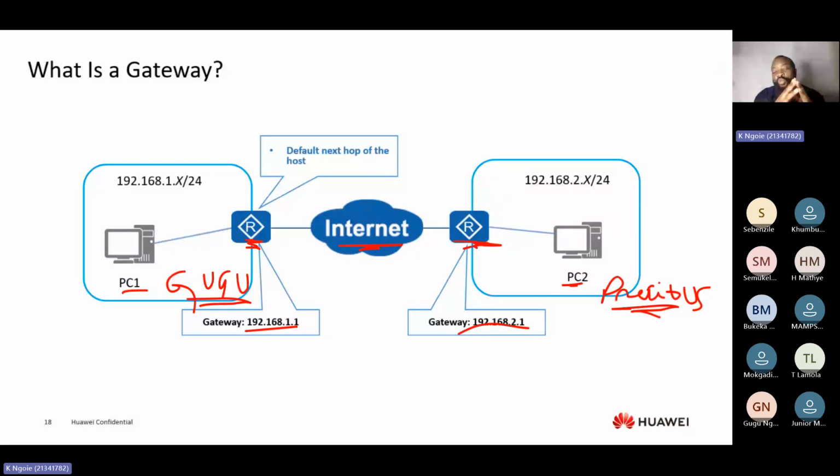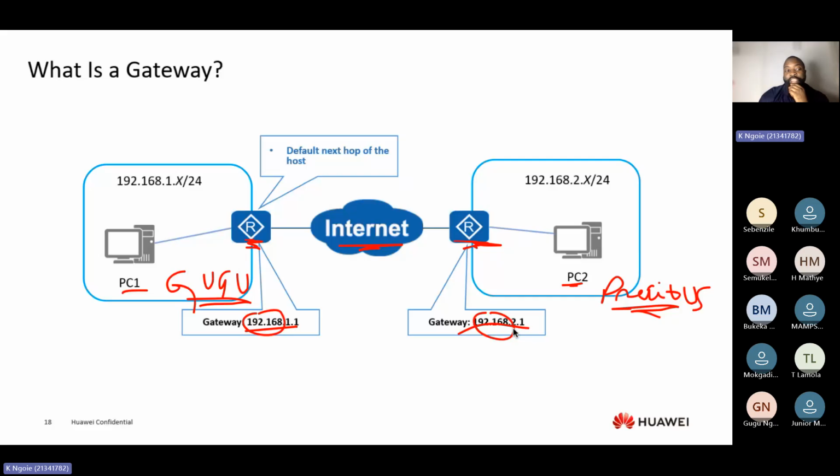That means maybe they are in the same building, and each one of them has their own router, but that router is getting internet from the same network. You can see in the IP address, the network part is the same. So this tells you that Precious and Google are connected to the same network.